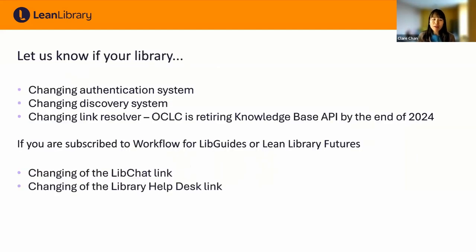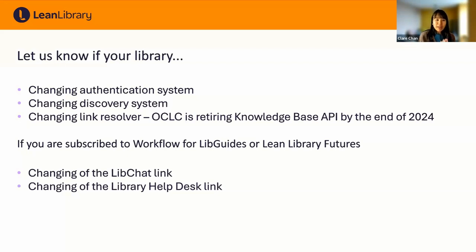So just to wrap up, as I mentioned, if you have any change of system, for example a change of authentication system, it could be that you're moving from proxy to Open Athens, or you're adding Open Athens to your authentication system. Things like that, do open a ticket and let us know, because then we can advise you from there and make sure that everything is up to date.